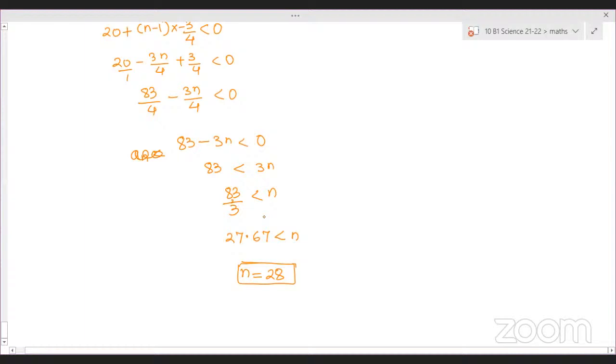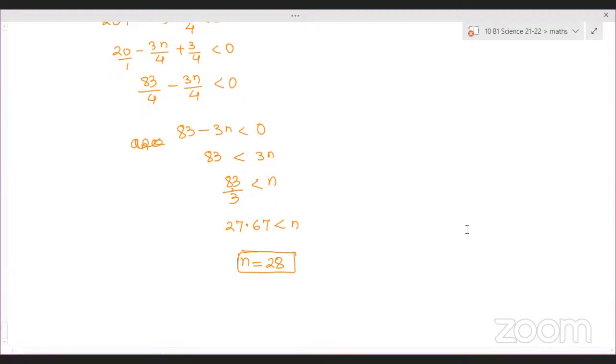Ma'am, instead of 83 by 4, if you keep it 23 by 4, it will be easier. How is it 23 by 4? It is 20 whole 3 by 4.